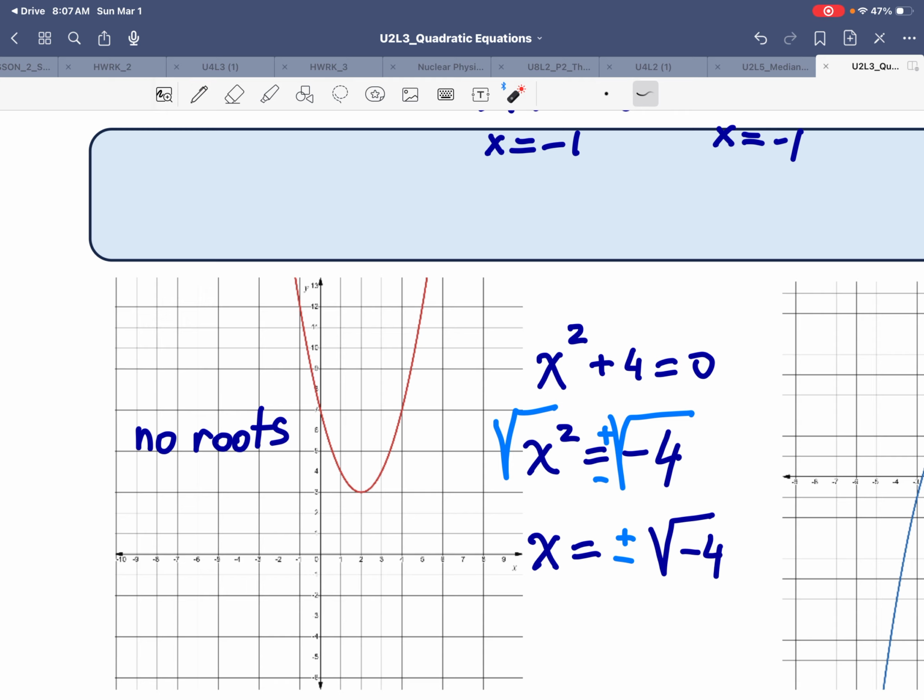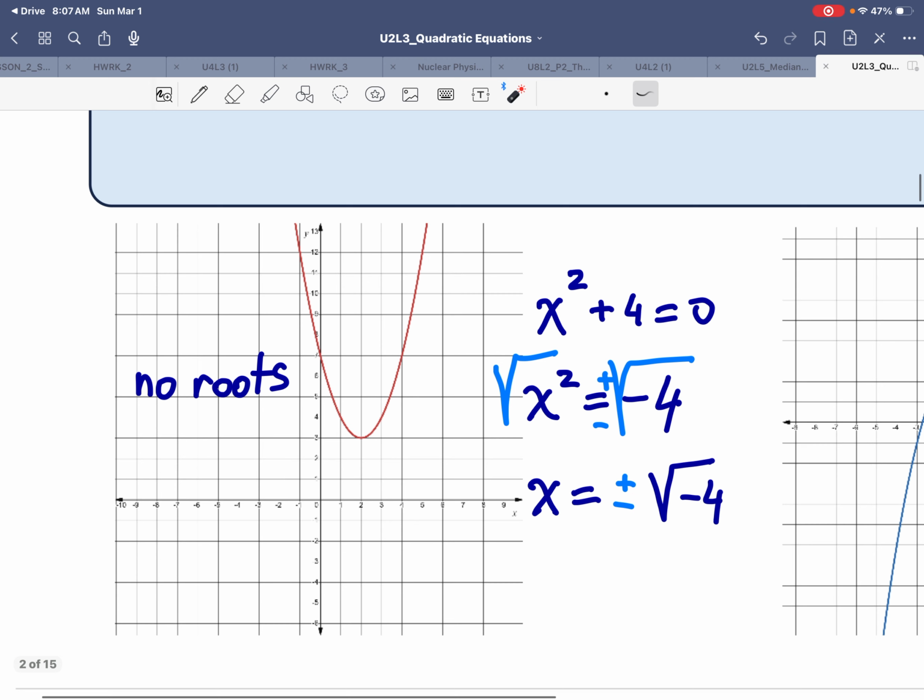Now, we have said that the square roots of negatives do not exist, and the calculator will confirm that if you try to find the square root of -4 on a calculator. Now, why isn't root of -4 undefined?